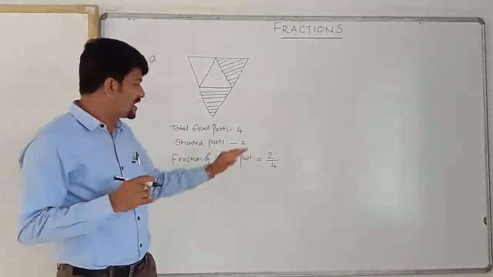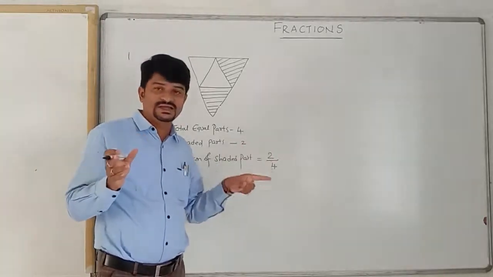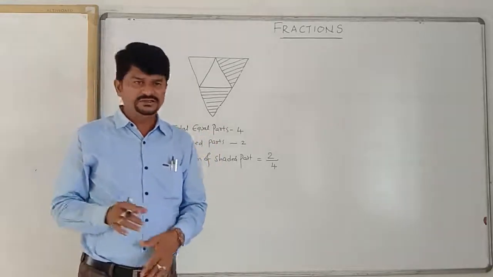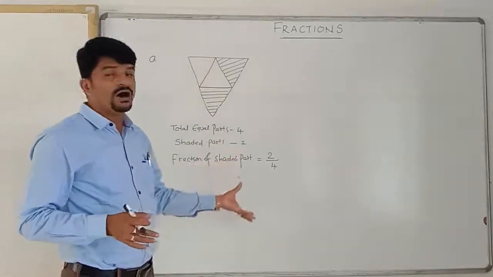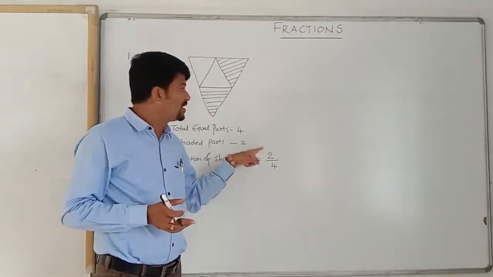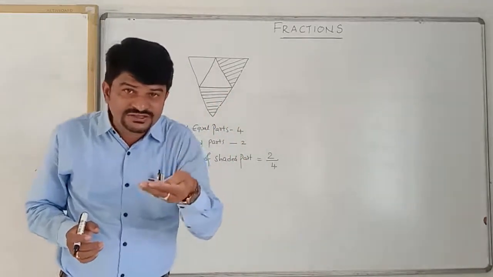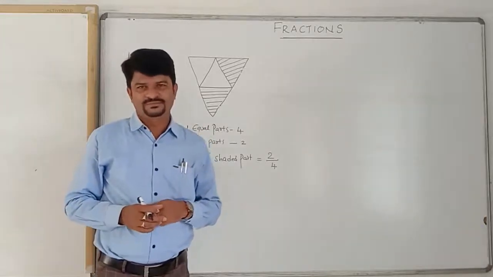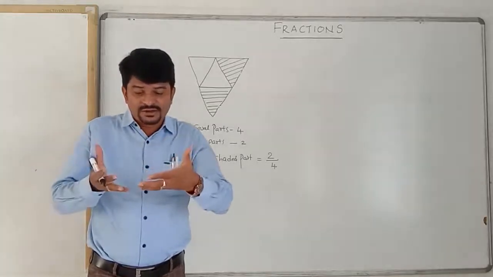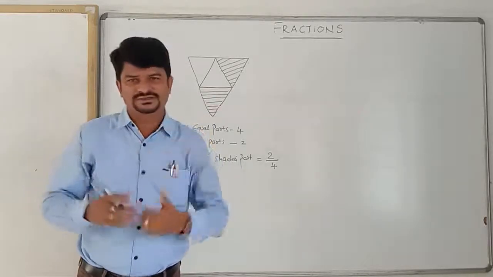Always, the upper one is called the numerator. I said that, na. The numerator tells about the fraction. For example, here it is the shaded region. Means among all 4 equal parts, 2 parts were shaded. So the numerator reflects the meaning of the fraction, and the denominator reflects the number of parts. The entire whole is divided into how many parts?